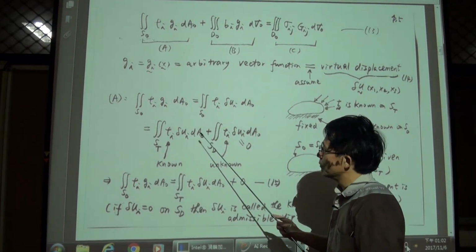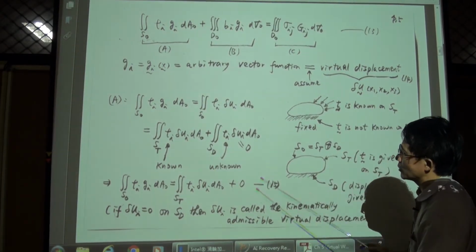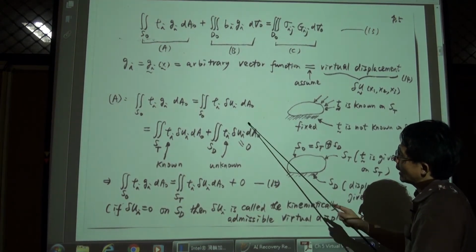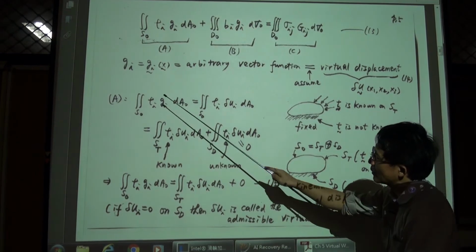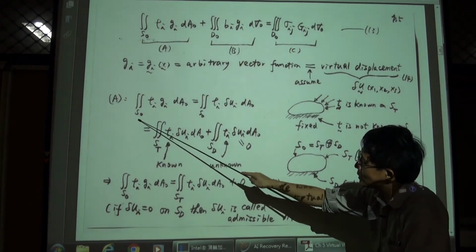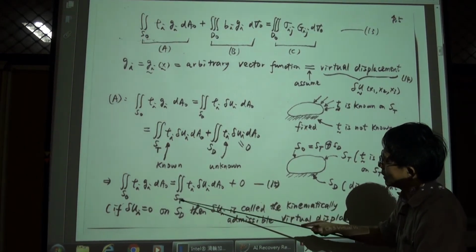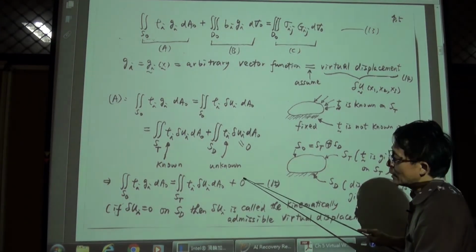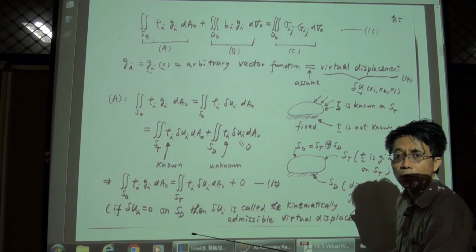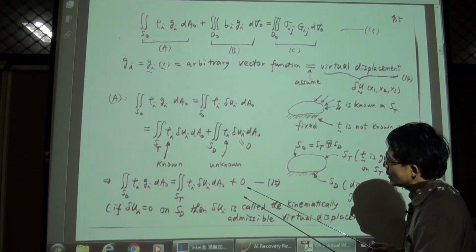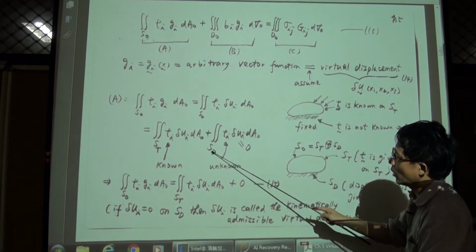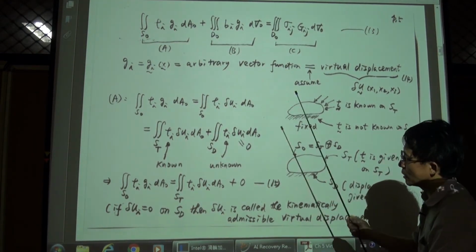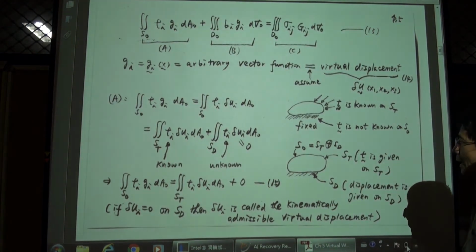So we only choose this part equal 0. We don't consider the virtual work done by the traction along SD because we don't know the traction along SD. SD is the displacement boundary.